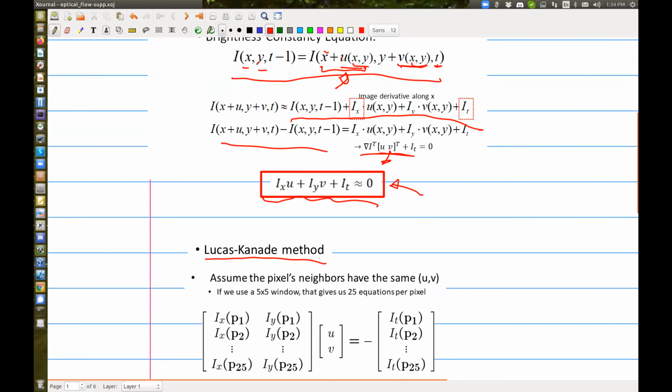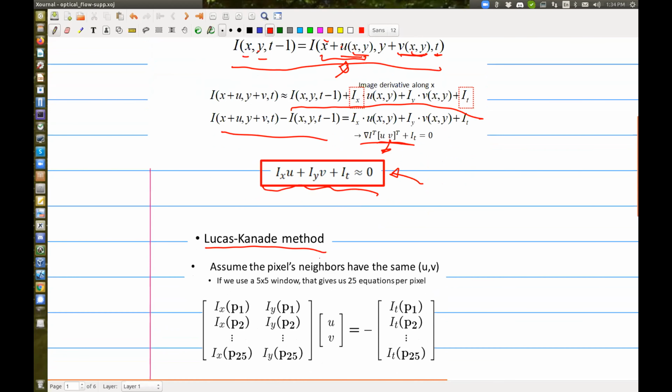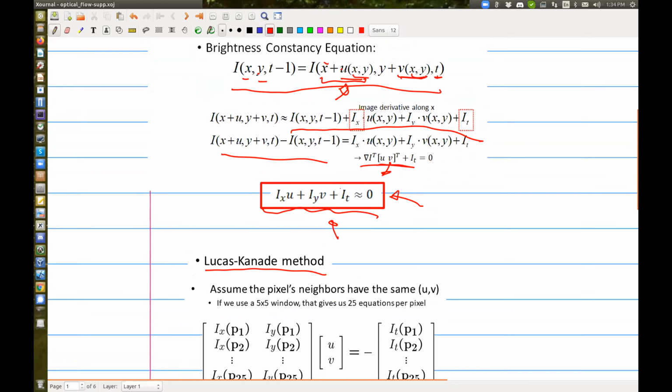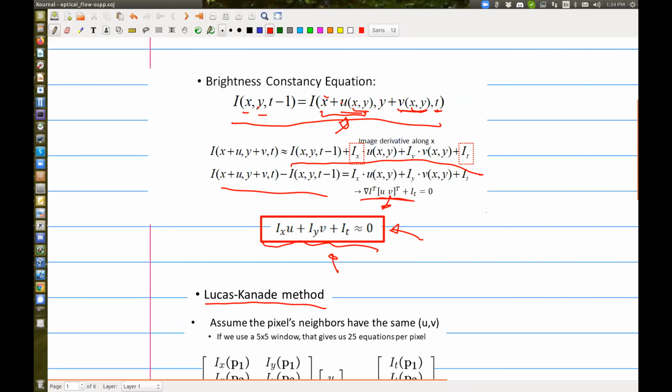We mentioned several algorithms for optical flow. The simplest one is Lucas-Kanade. If we think of this equation here, let's say I have an image of maybe 10,000 pixels, like 100 by 100.